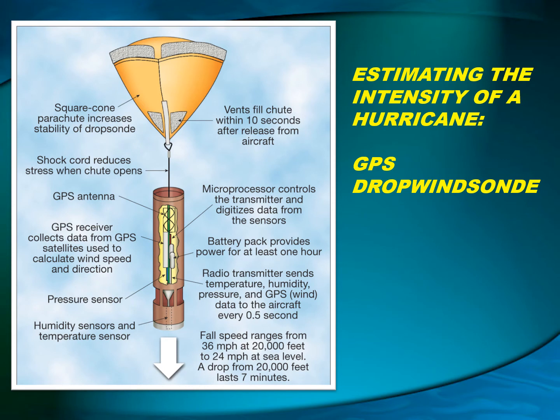This is a drop sonde. Well, a drop sonde is a more general term and can be used in all kinds of atmospheric situations, not necessarily just hurricanes. So this is a drop wind sonde, and this is something that the hurricane hunters can use. You know about the hurricane hunters, right?